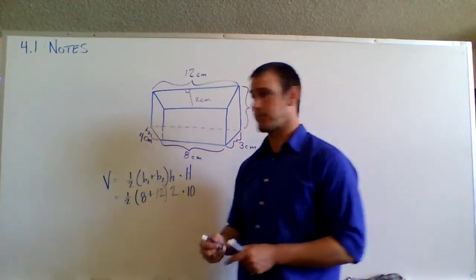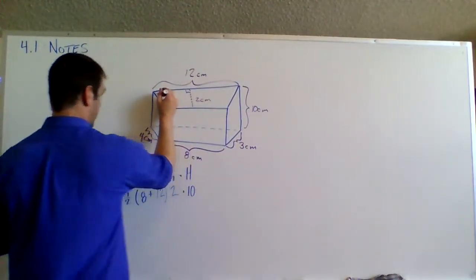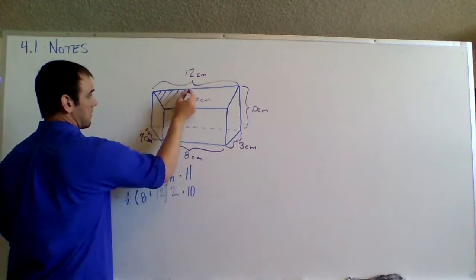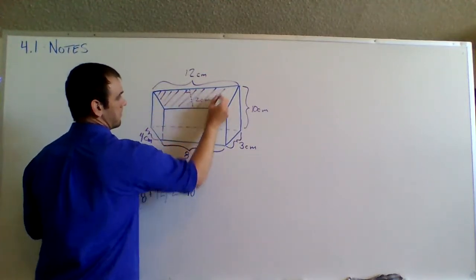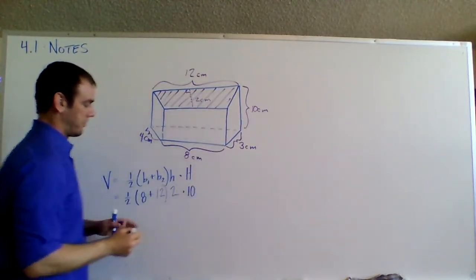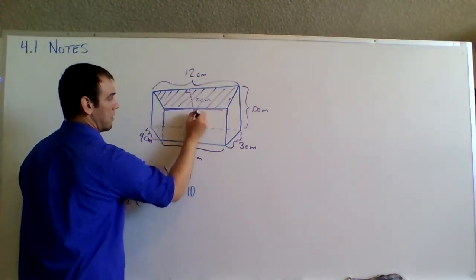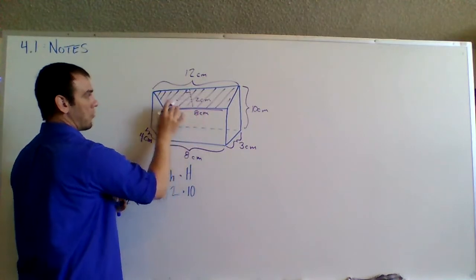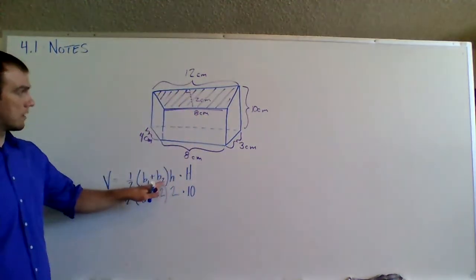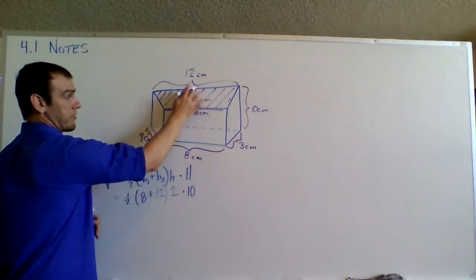So really what we're doing is finding this area, which is a trapezoid: 1/2 base 1 plus base 2 multiplied by my height, which is 2.